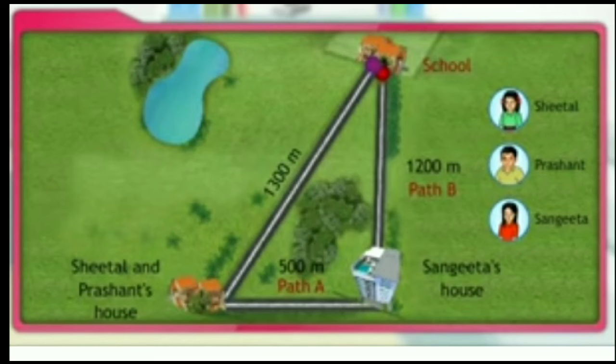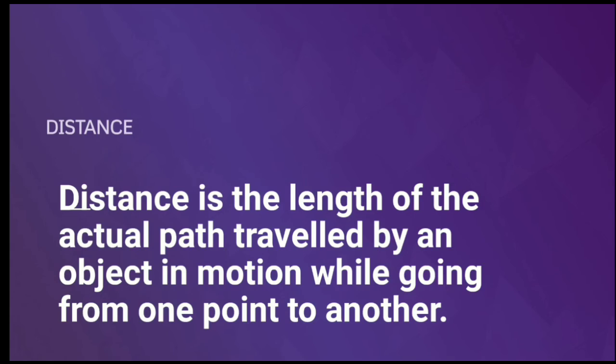So there is a difference between the actual distance and the distance travelled. Are you getting me, children, what I am saying? There is a difference between actual distance and the distance travelled. Now what do I mean by this? Let's see. So, what do you mean by distance? Distance is the length of the actual path travelled by an object in motion while going from one point to another.